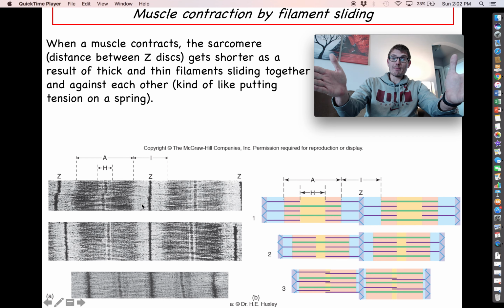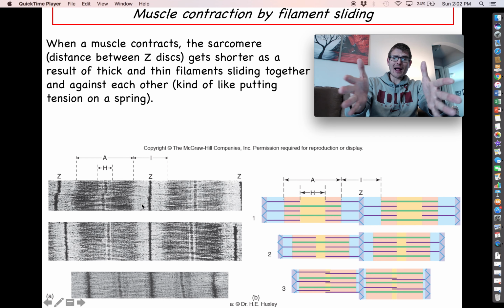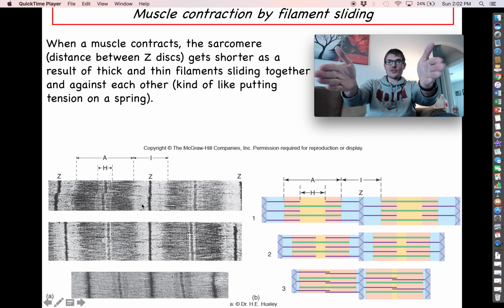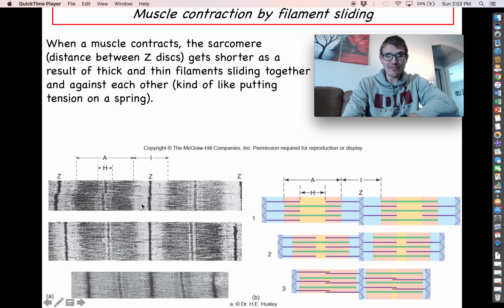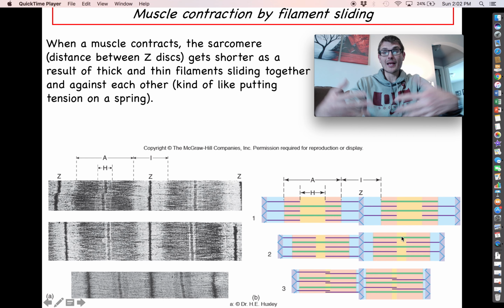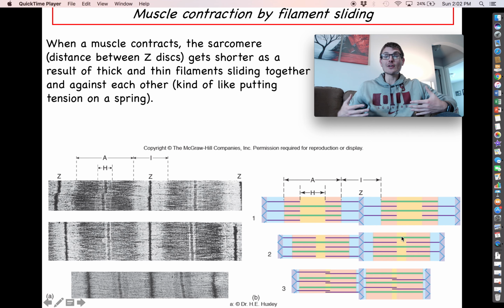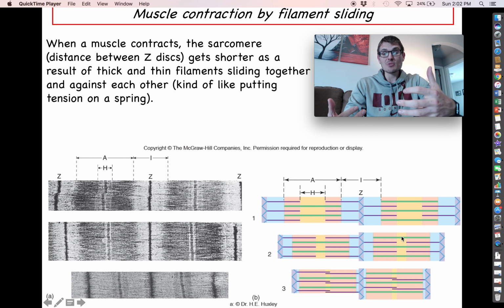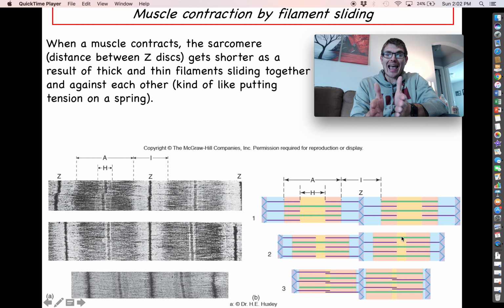As the muscle becomes progressively more and more contracted, we are going to force these Z-discs together. So in particular, watch what happens to your I-bands and your H-bands. As we push those Z-discs together, look at the H-band. The H-band is getting smaller and smaller because we are increasing that overlap between thick and thin. There is now a smaller and smaller space that those thick filaments have only to themselves.